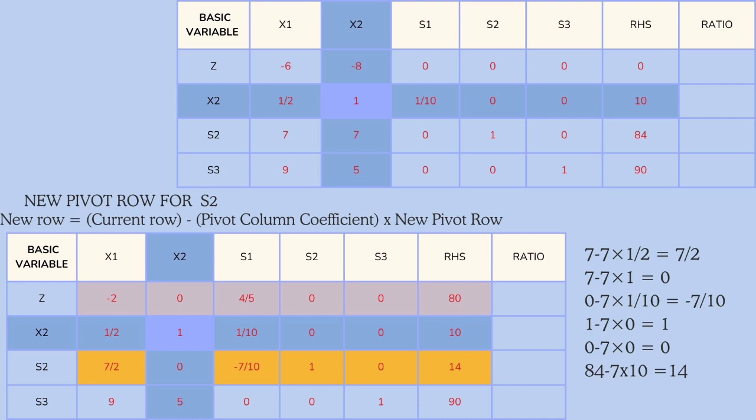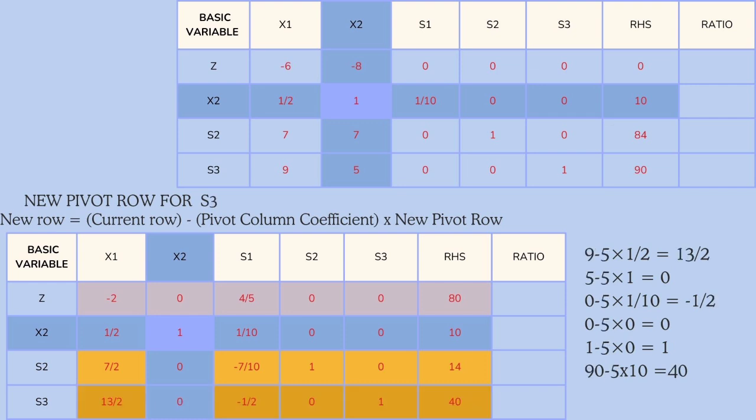Then next, for our S3. Ganun ulit. Same procedures lang naman ang ginagawa natin. So, hanapin ulit yung current row, pivot column coefficient, then yung new pivot row. So, sa current row ng S3 is yung 9, 5, 0, 0, 1, 90.